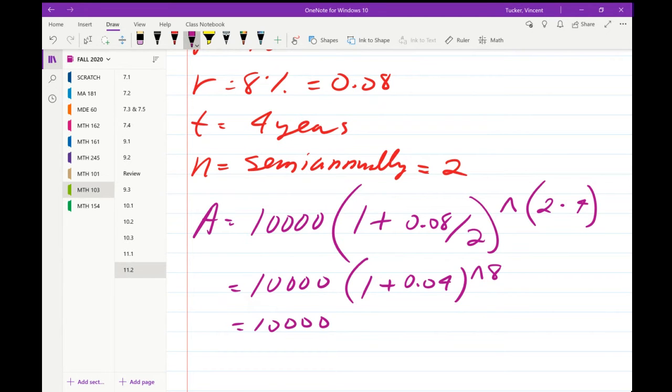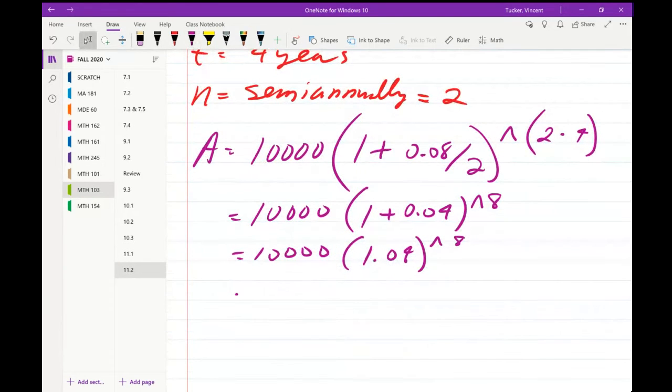Add what's in the parentheses. That's 1.04. Now raise that 1.04 to the 8th power. You'll probably have to throw that in the calculator.